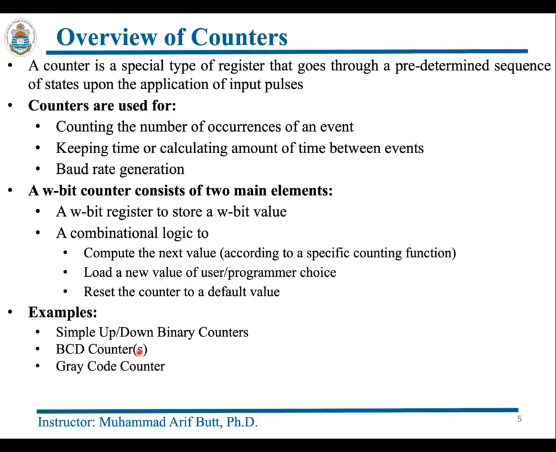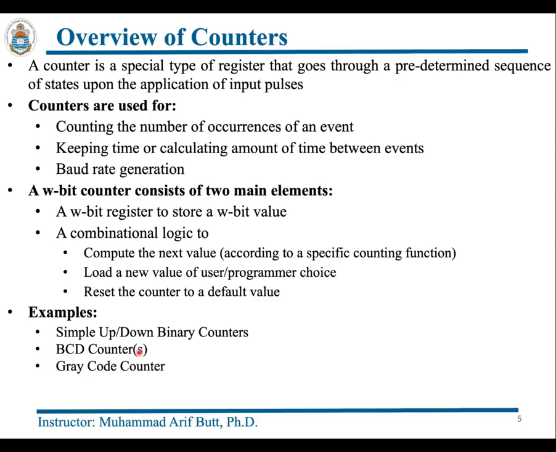Well, you might have studied this Gray code in your logic design course as well. This Gray code is actually a non-weighted code, also called the reflected binary code, named after Frank Gray. In this code, two successive binary values differ in only one binary digit.